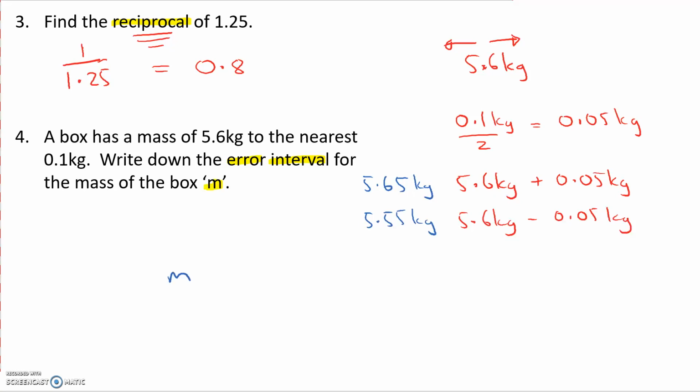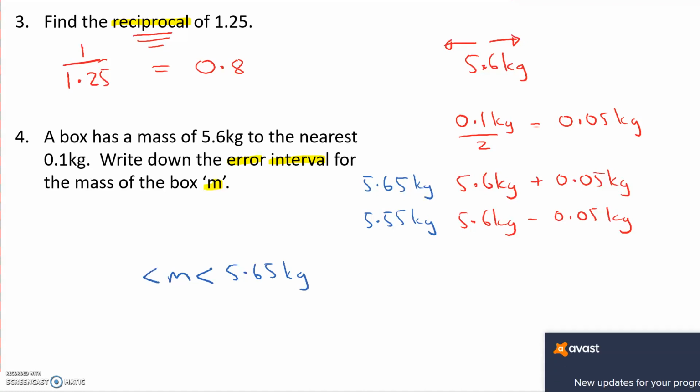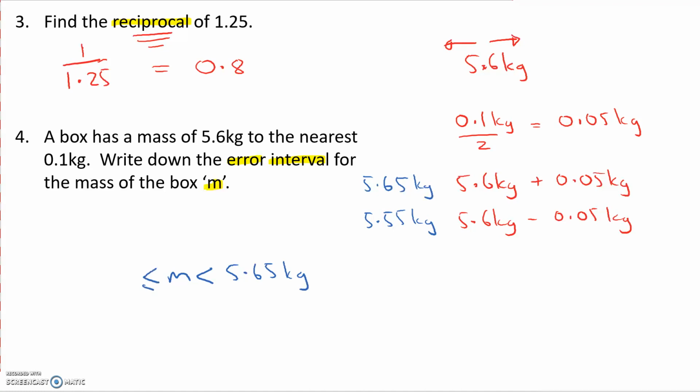And I start by thinking about, well, the mass is going to be less than 5.65 kilograms. So put the bigger number to the right. And mass is going to be greater than, or equal to, come back to that in a minute, the smaller number. We put the smaller number here, 5.55 kilograms.